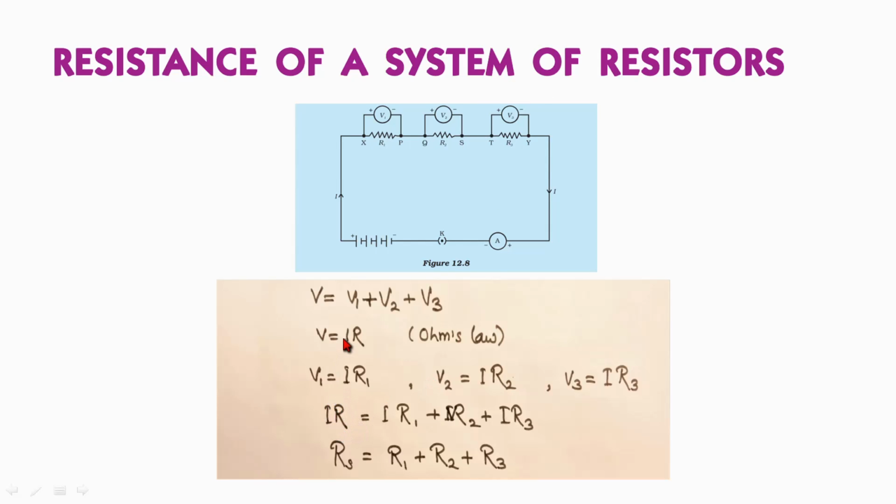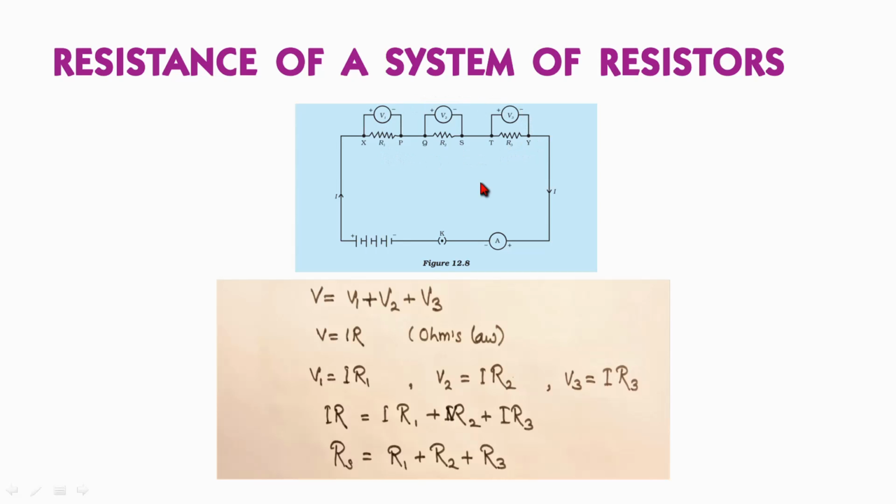So if we put this into Ohm's law, IR becomes IR1 plus IR2 plus IR3. Current gets cancelled, so we get the resultant RS, the resistance in series pattern, equal to R1 plus R2 plus R3. So the final resultant resistance will simply be added.